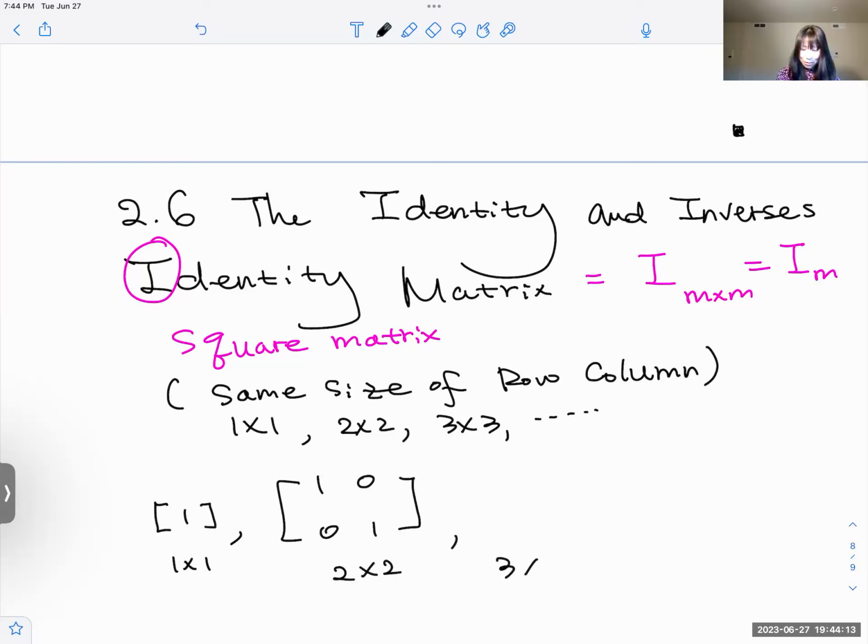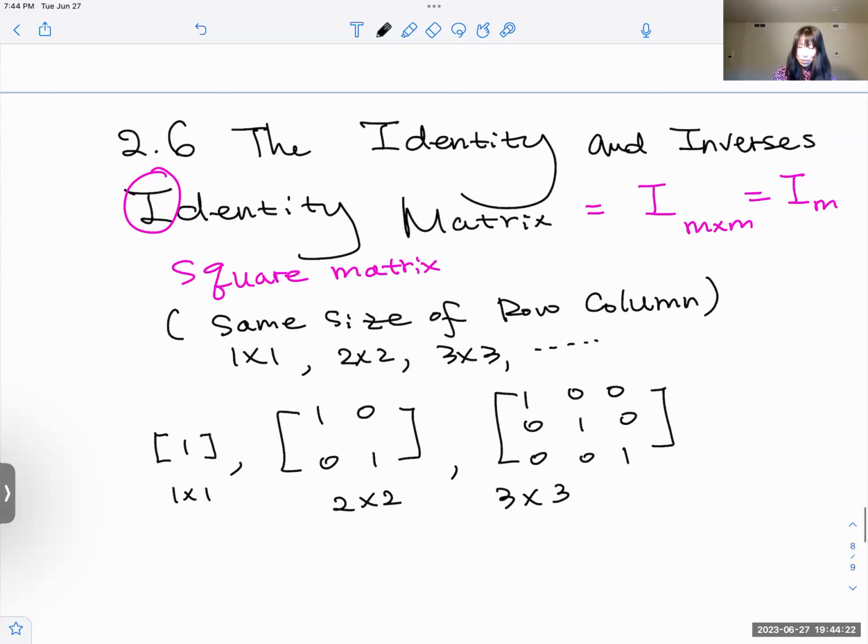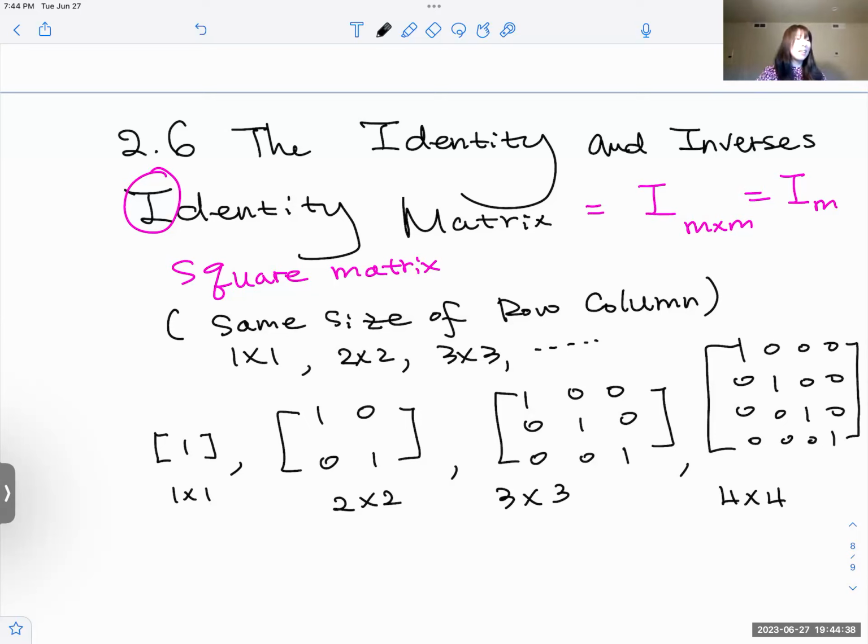And 3 by 3 looks like 1, 0, 0, 0, 1, 0, 0, 0, 1. And we know that 4 by 4 is 1, 0, 0, 0, 0, 1, 0, 0, 0, 0, 1, 0, 0, 0, 0, 1.